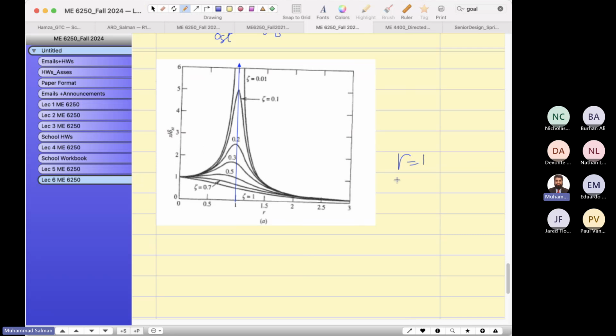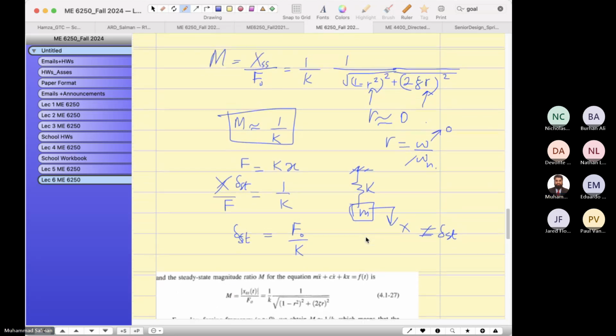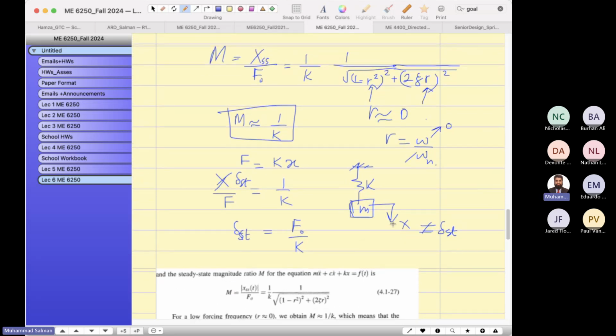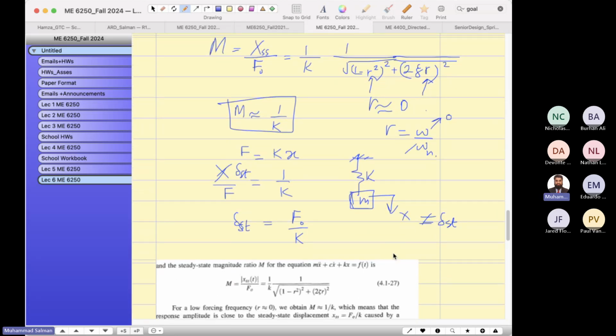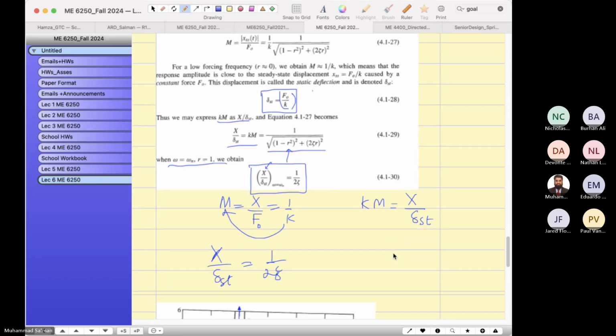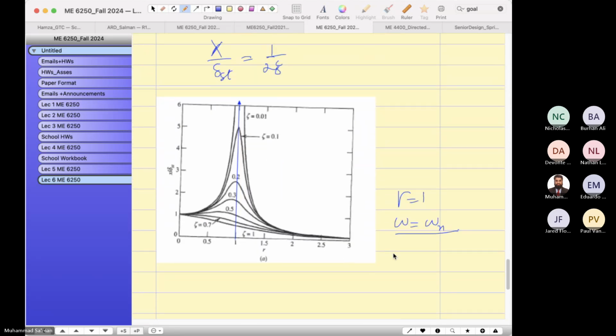R equals to 1 means the forcing frequency is equal to the resonance. At that resonance, this mass will be at the highest amplitude. And zeta, if you keep on increasing the damping coefficient, it will start reducing the output response. This is my x over delta s, which is the output response dimensionless, is 1 over 2 zeta.